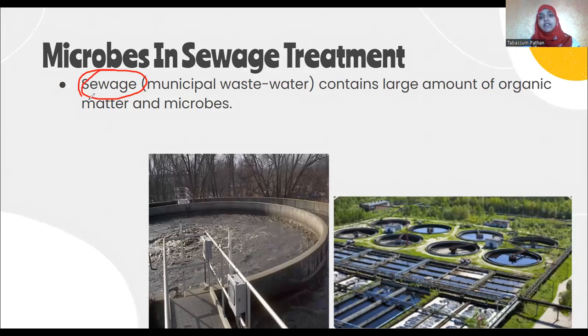But before release of the sewage into the water body, there is some treatment given to reduce the toxicity, and we all know that sewage contains a large amount of organic matter and microorganisms. All of this needs to be removed before letting this water mix into water bodies, either rivers or ponds, etc. Along with organic matter and microbes, it contains all the household waste, dissolved cellulose substances.